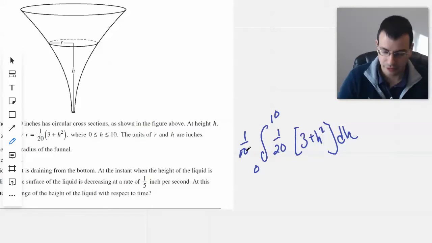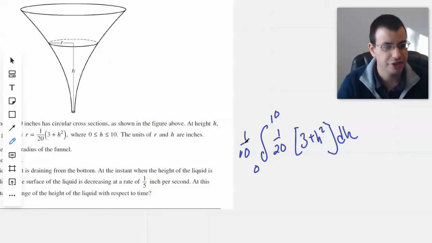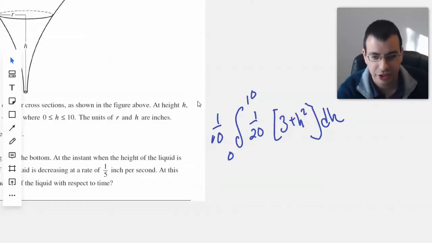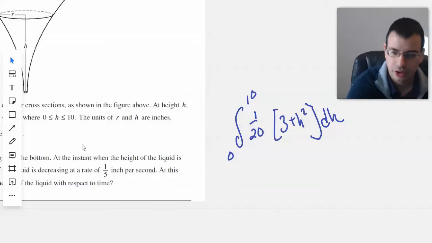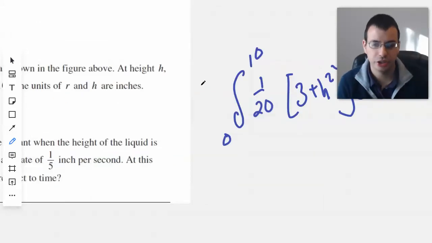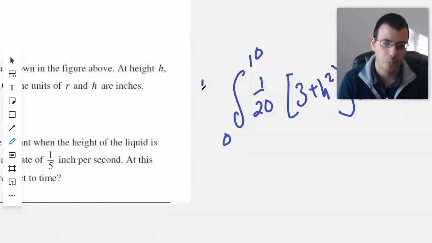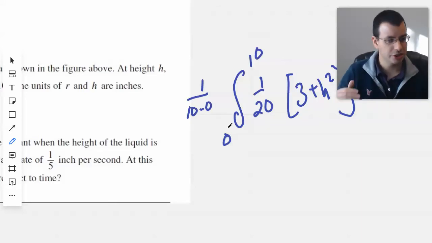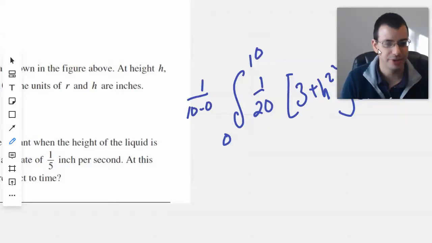That way it'll find the average from 0 to 10. And just in case you're curious, what we're really doing here is 1 over 10 minus 0. So you have your limits of integration, and we're going by the limits of integration here.